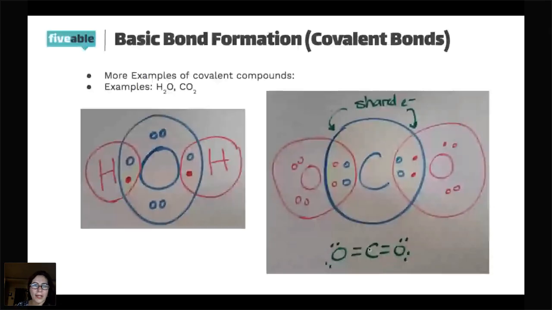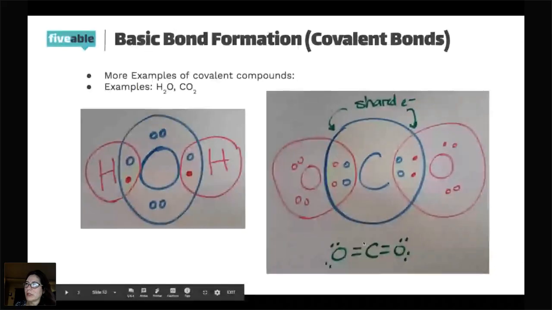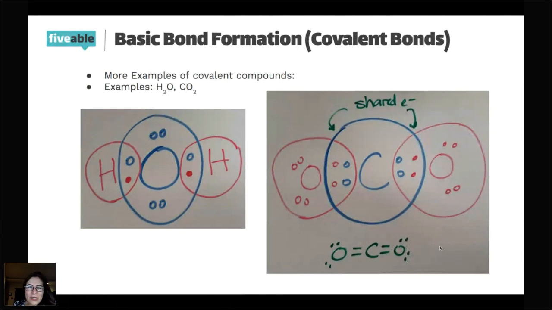So carbon dioxide bonds covalently with a double bond, and each oxygen atom still has 2 lone pairs. Questions so far? Is it clear the difference between ionic and covalent bonds?